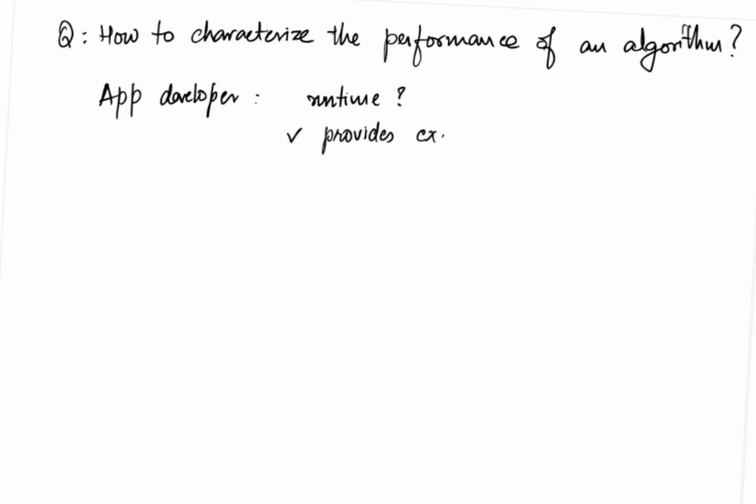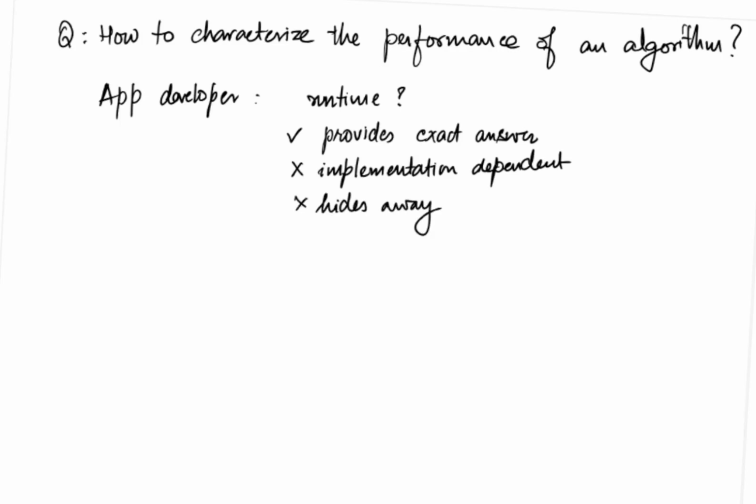For sure, it does provide us with the exact value of the number of seconds required by an algorithm to complete a task. However, the runtime of an algorithm is very implementation dependent. The same algorithm, if implemented properly or even on a faster machine, will have lower runtime. Further, runtime is an opaque metric since it hides away all the scalability issues that the algorithm might encounter.